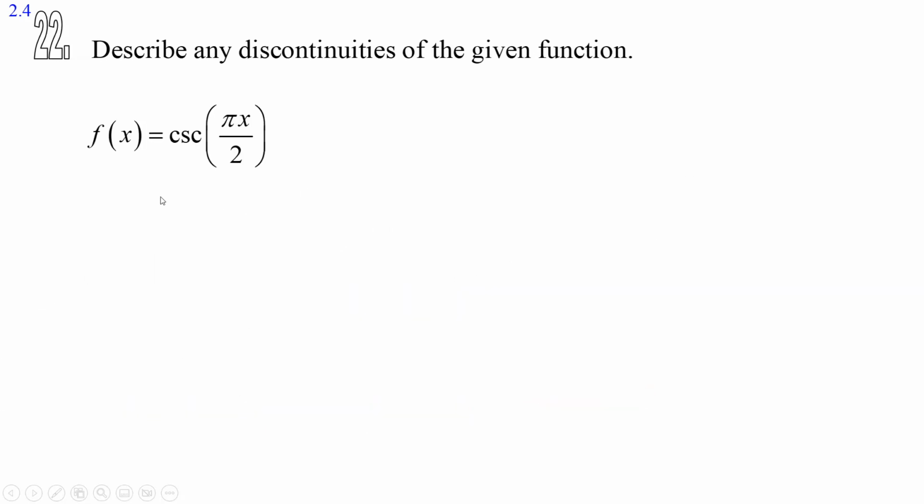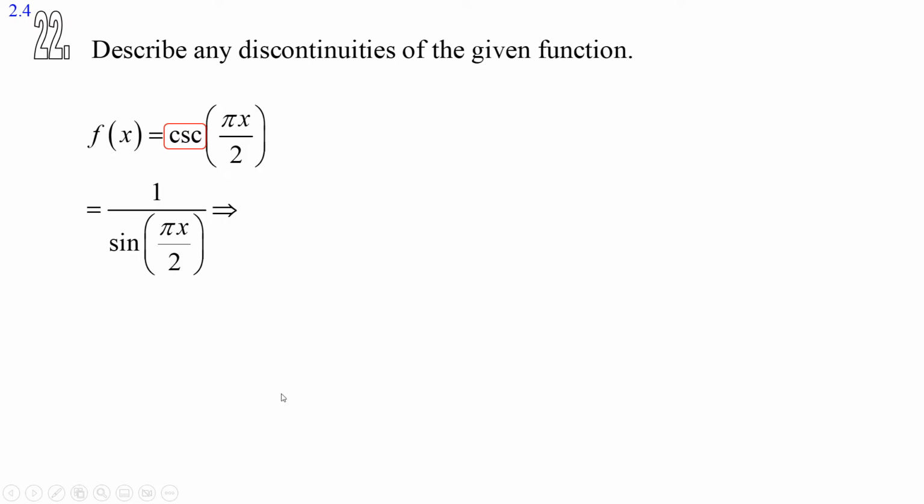Cosecant, well, you know cosecant has infinitely many asymptotes, so we're going to have to play with this a little bit to describe it. I'm going to go 1 over sine, all right? And I know sine of pi x over 2 cannot equal 0.